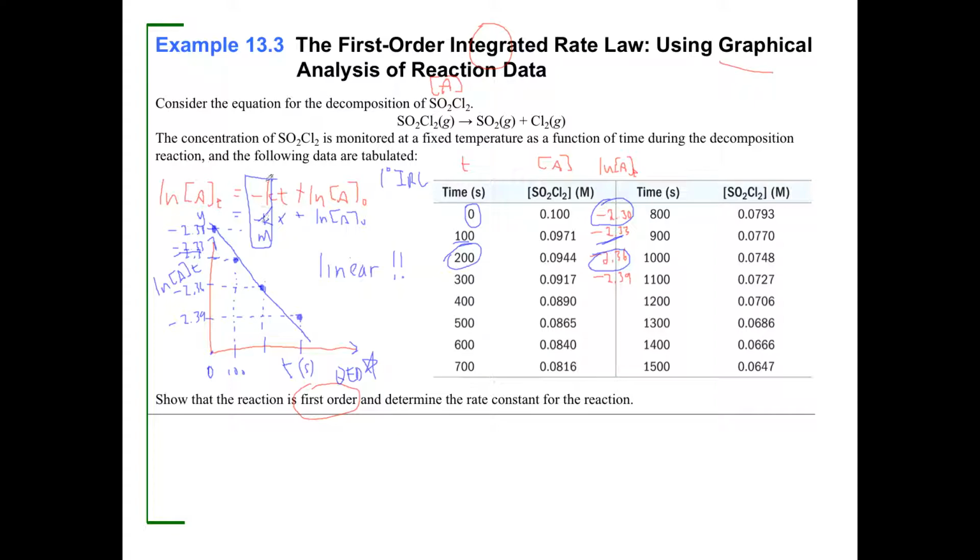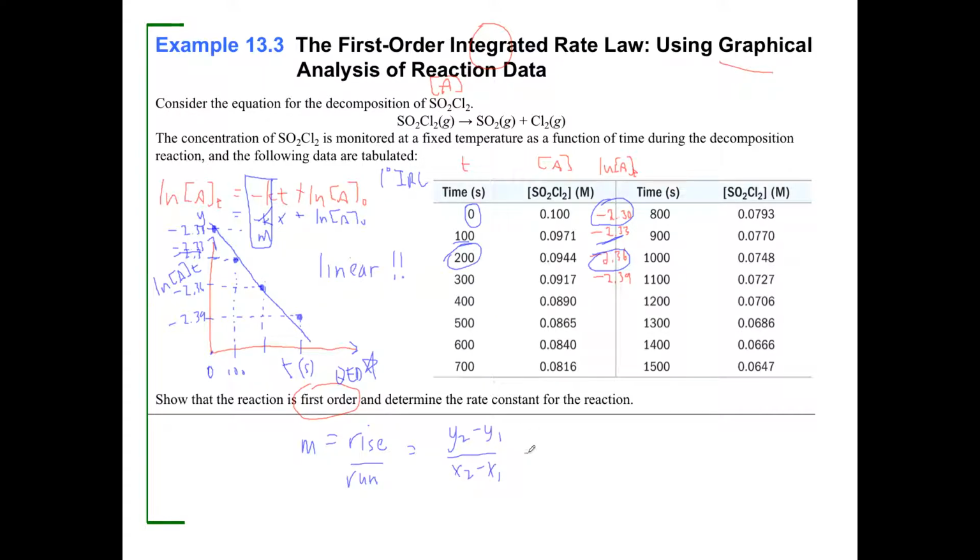So the rate constant is going to be the slope of this guy, right? So what's the slope? It looks like these are even. So the slope, well, I don't know. Slope is equal to rise over run, right? Which is y2 minus y1 over x2 minus x1.